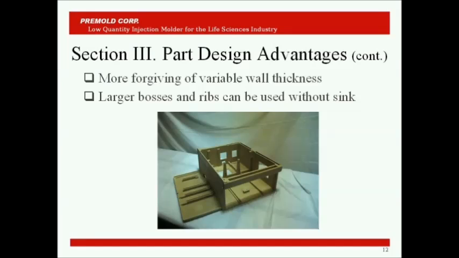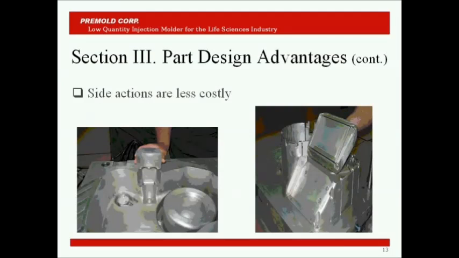The inherent resistance of RIM parts to sink and warp allows part designers to incorporate large diameter bosses and tall ribs without worrying about sink marks or warpage. In reaction injection molding, side actions and undercuts are less costly because these features can be achieved with hand-loaded loose pieces and inserts.